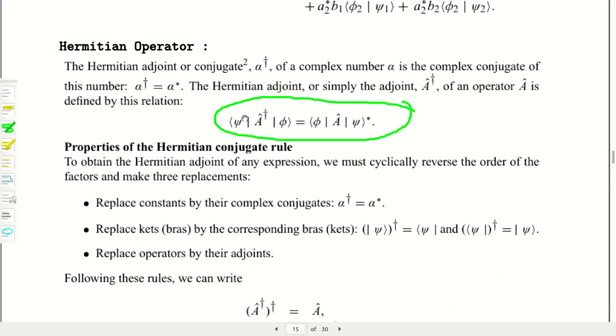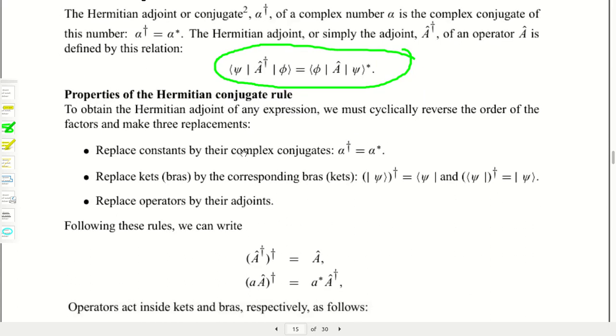If this relation holds, then A dagger should be called the Hermitian conjugate of the operator A. Not Hermitian, Hermitian conjugate. It is the definition of being a Hermitian conjugate or Hermitian adjoint of an operator A. This is the formula, to be remembered.